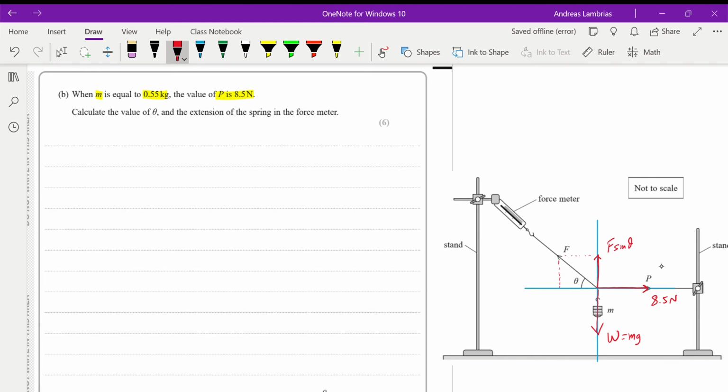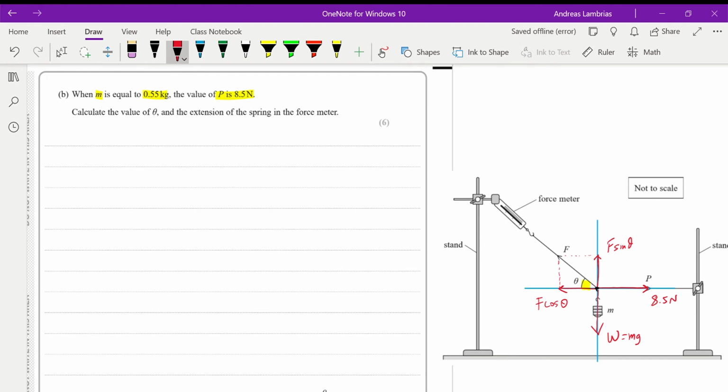If you look at the resolution of forces, as a rule of thumb, the component that is close to the angle that we are given gets the cos, and the component which is away from the angle that is given gets the sine. So these are the 4 forces acting on that point over there.